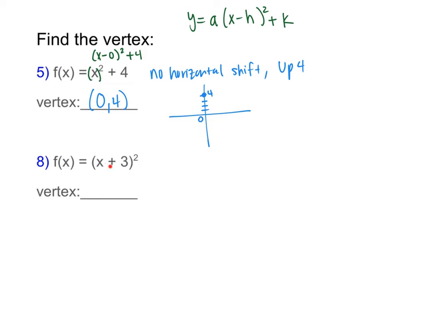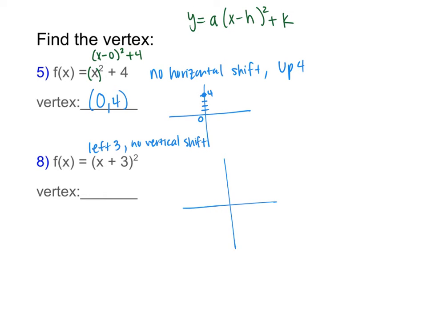So this one has x plus 3, so you do have a horizontal shift. It says left 3, so this is going to be left 3. But notice how there's not a number out here after the square. So if there's not a number out here, right, that means there is no vertical shift.